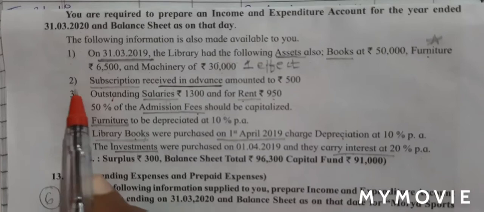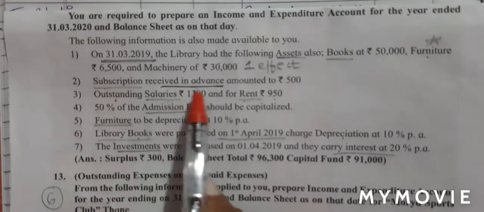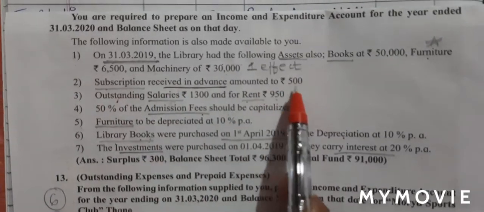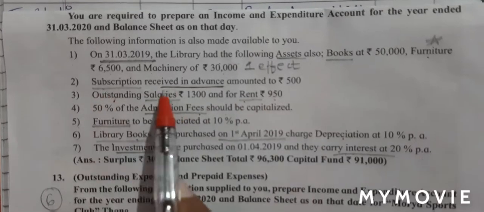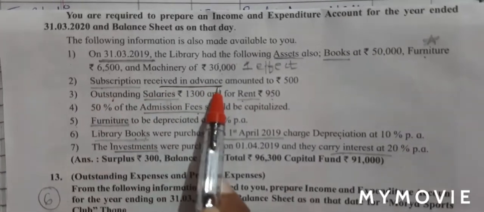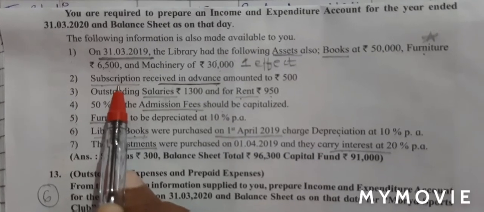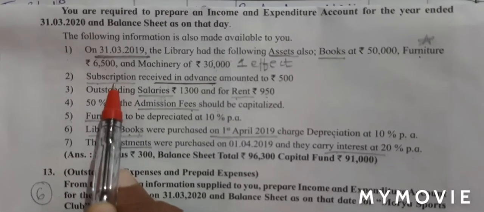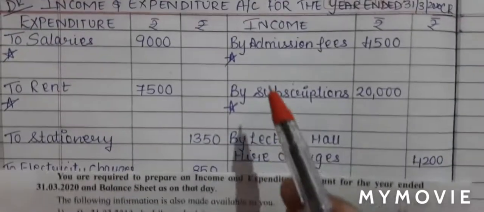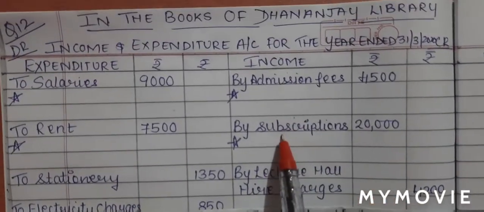Adjustment number 2. Subscription received in advance amounted to rupees 500. Subscription is received in advance, which means it's a pre-received income. So let's do the first effect for pre-received income. On the income side, I have subscription.